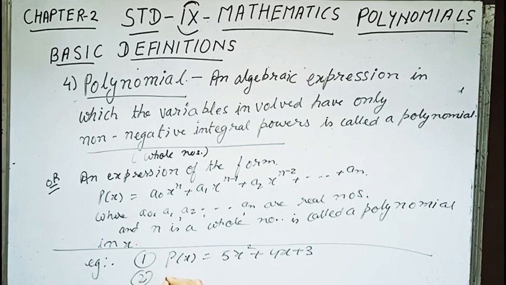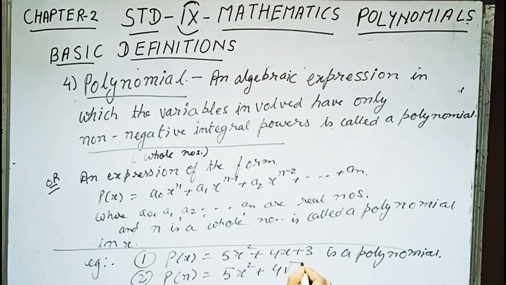Now second example, suppose I take 5x square plus 4 root x plus 4. Here the power of x is 1 by 2, that is root x. So the power of x is a fraction, so it is not a polynomial.